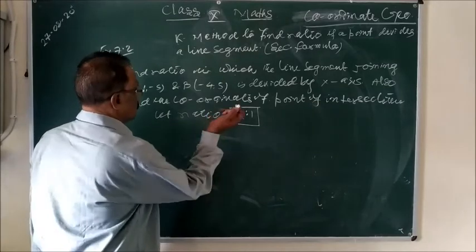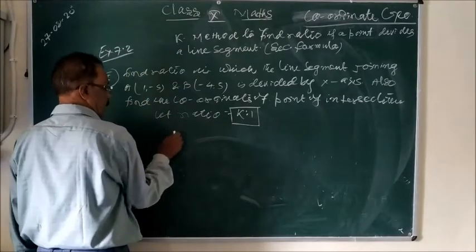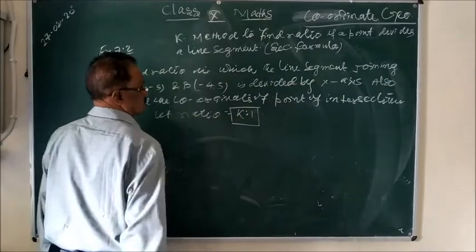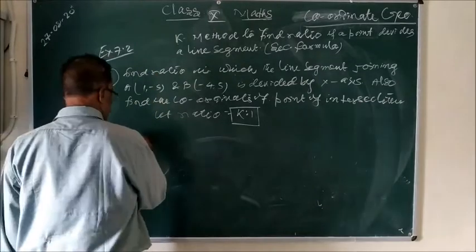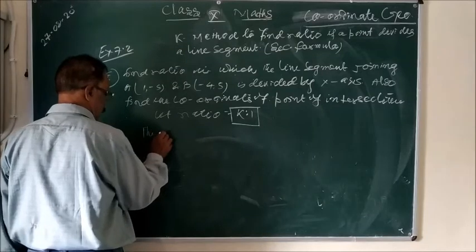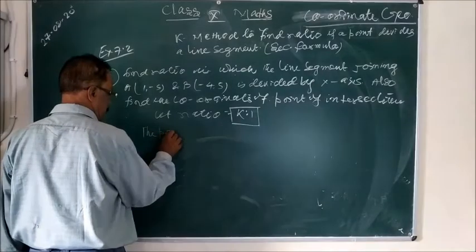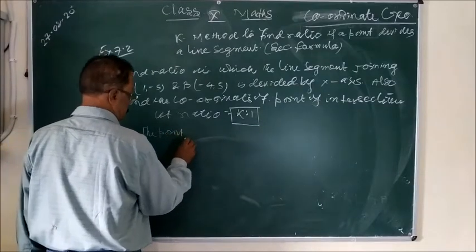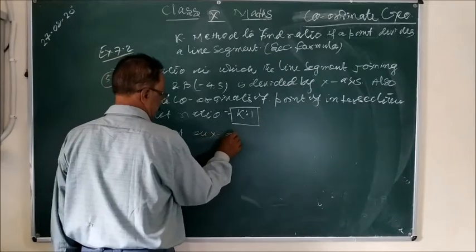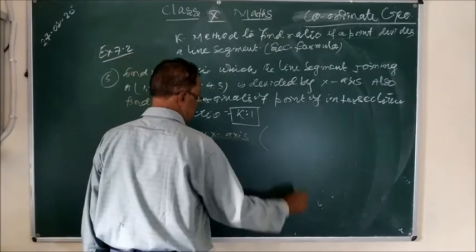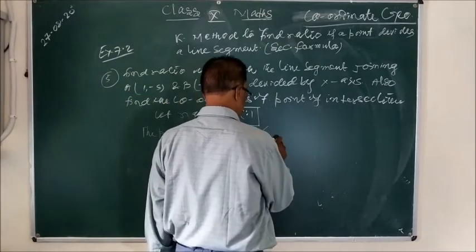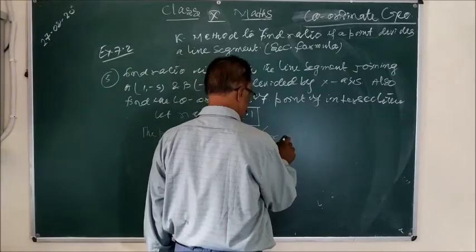So first let the ratio be K is to 1, this is m1 and m2. By using the section formula, since the point is on the x-axis, the y-coordinate will be 0. The coordinates will be x, 0.